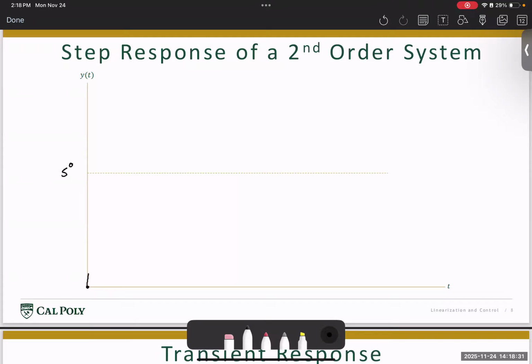In other words, the pitch of the aircraft starts to change like this with time, and then it slowly settles down to about 5 degrees after some amount of time. This is for cases when we choose zeta between 0 and 1.